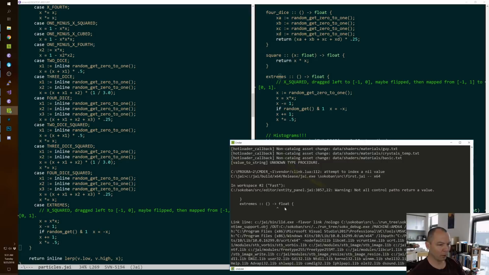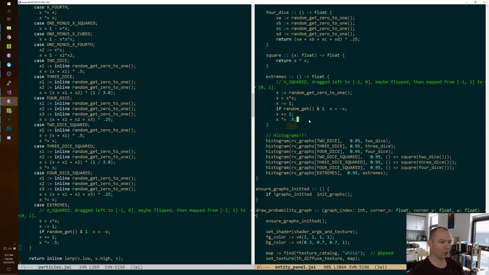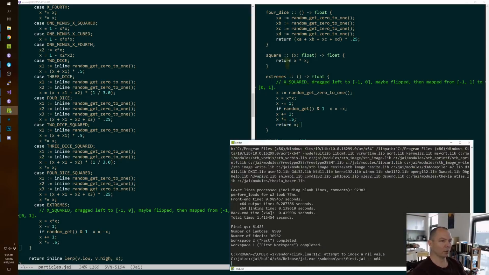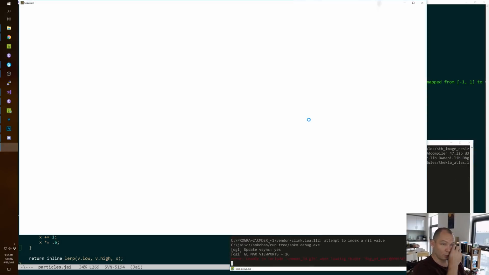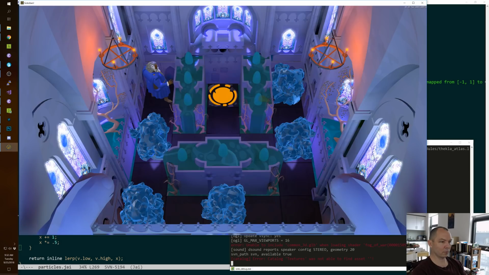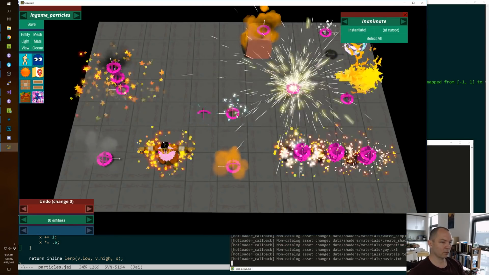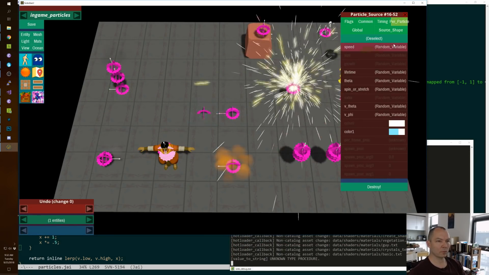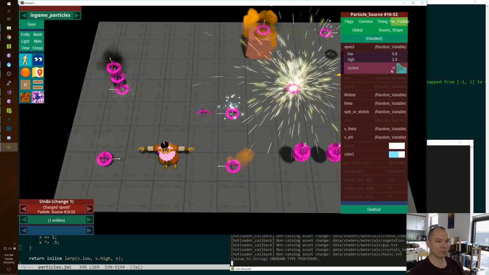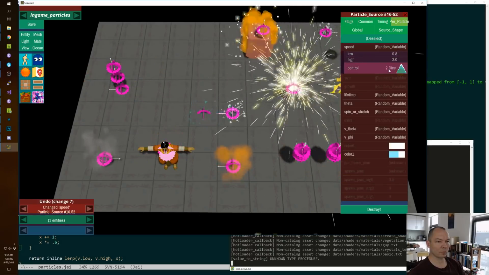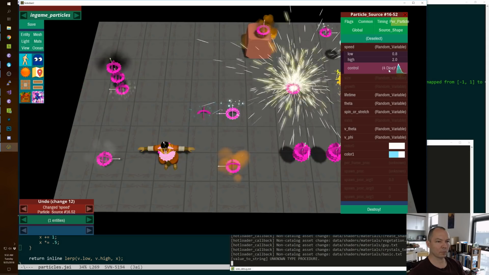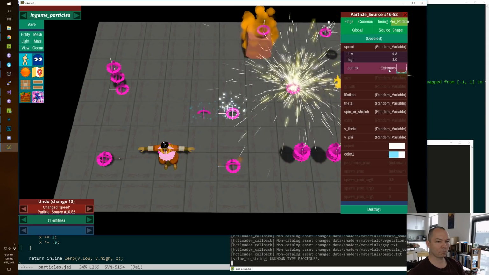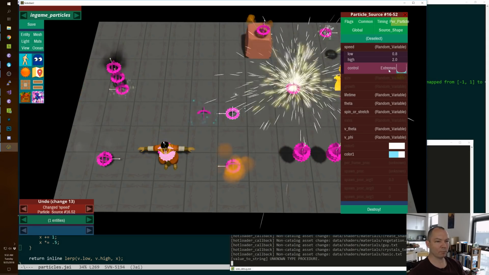What did that complain about? Not all control paths return a value. All right. That's pretty extreme.